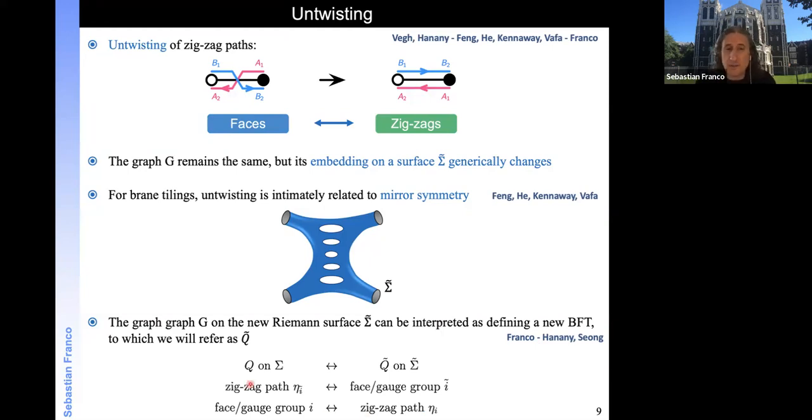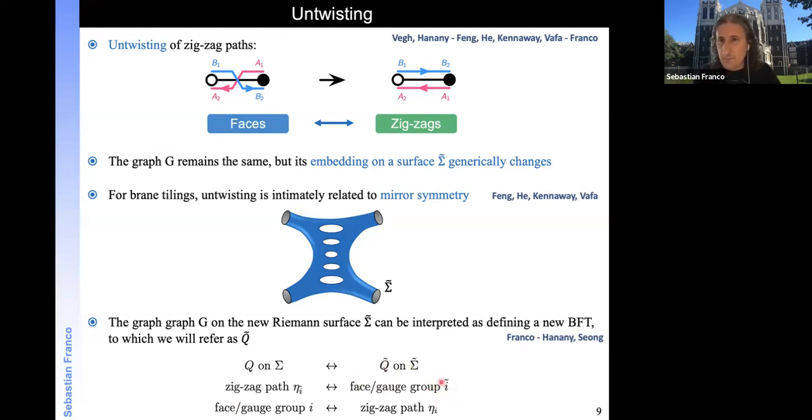So summarizing, you have a theory Q, which is defined by a graph G on sigma, and twisting turns it into a theory Q tilde, which is defined by the same graph on a new surface, which is sigma tilde. The zigzag path eta tilde becomes a gauge group or a phase by untwisting, which I will call I tilde.